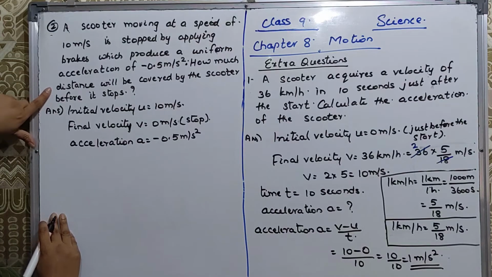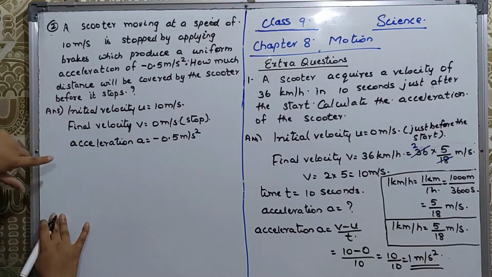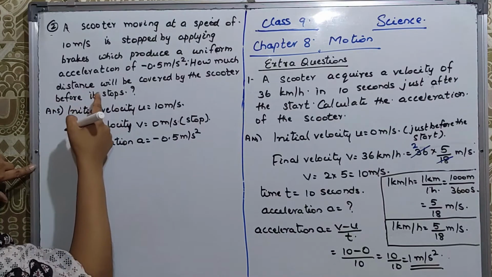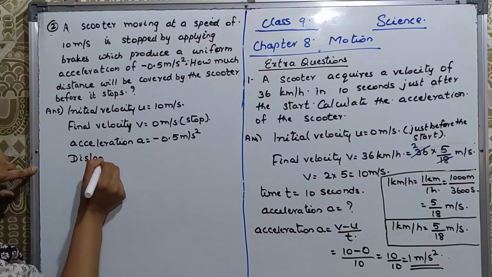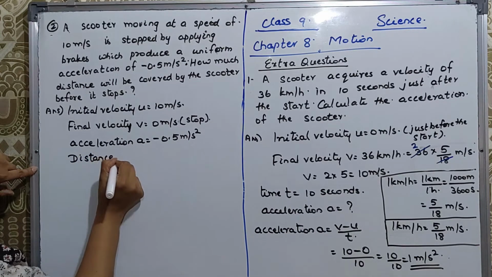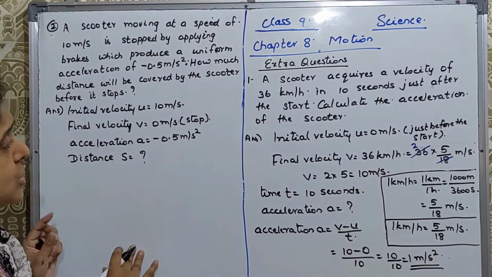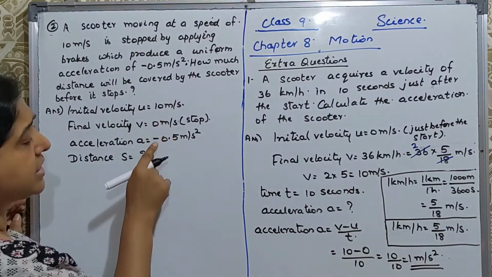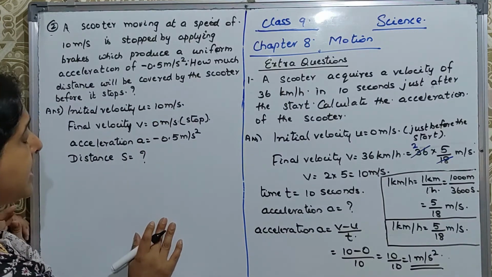Acceleration they gave. They asked how much distance will be covered by the scooter before it stops. So distance or displacement will be denoted by the letter s, question mark. According to the equations of motion, velocities and acceleration have the standard unit.